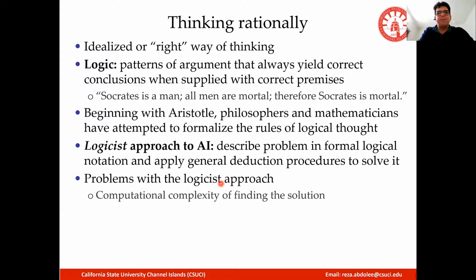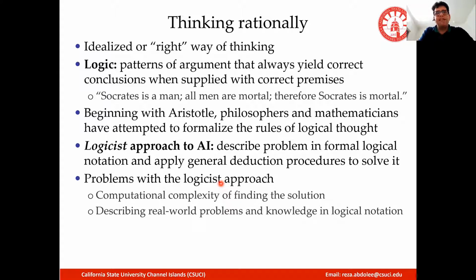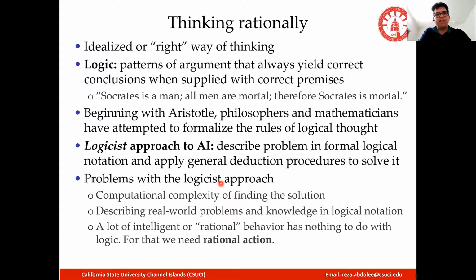So what are the problems with the logicist approach? The first one is that its computational complexity is high. The second is that you may not be able to describe any real-world problem and knowledge in logical notation. And a lot of intelligent or rational behavior has nothing to do with logic.